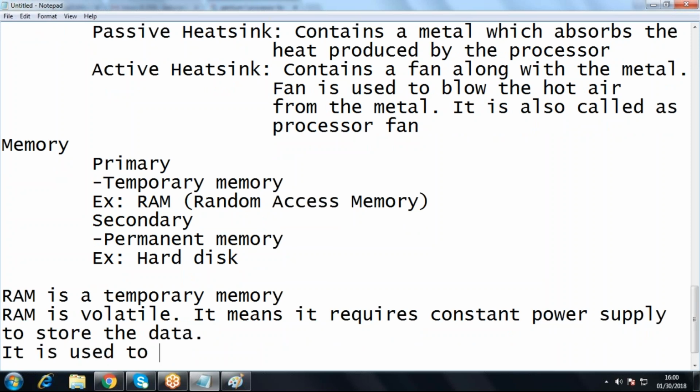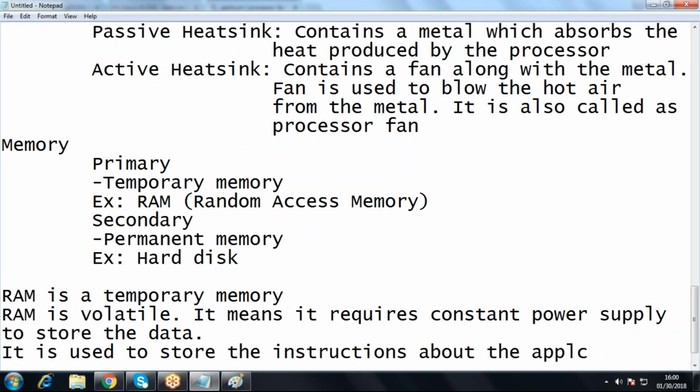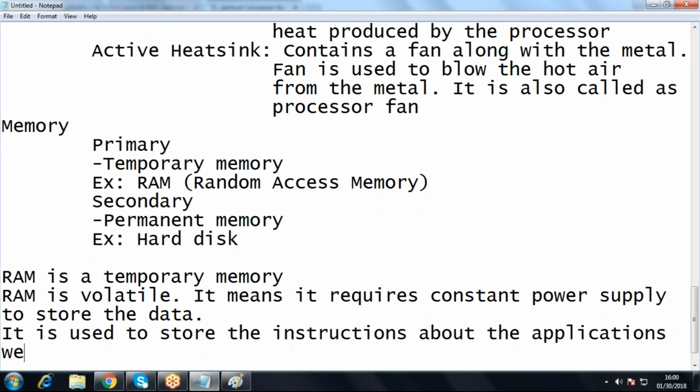It is used to store the instructions about the applications we open.